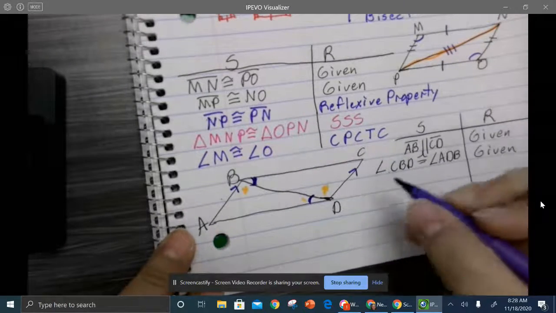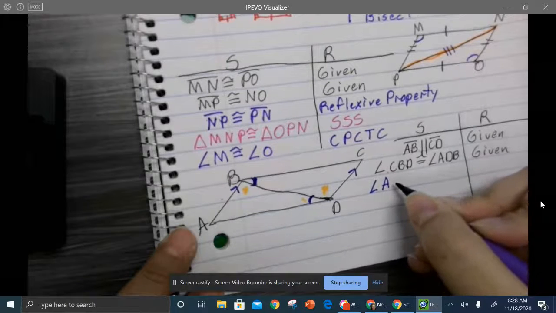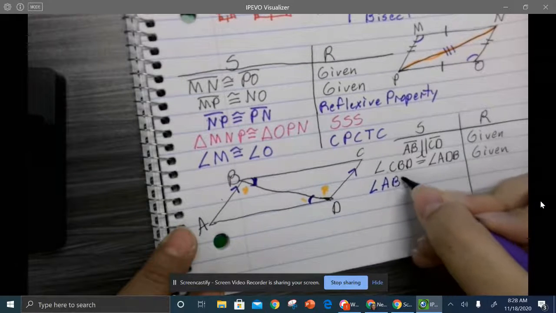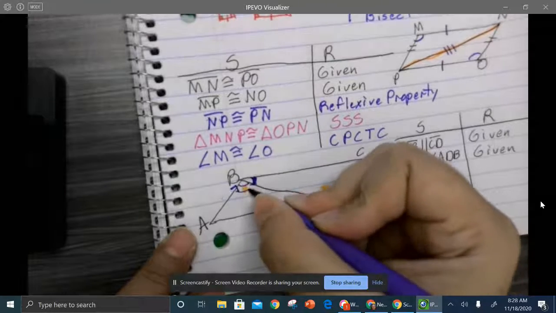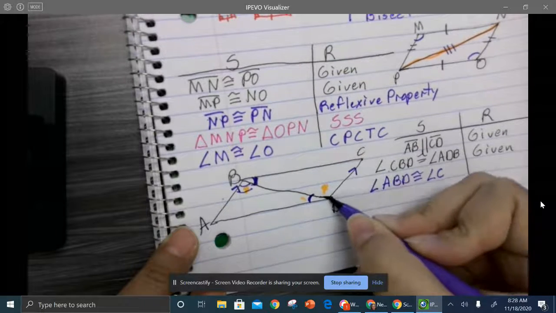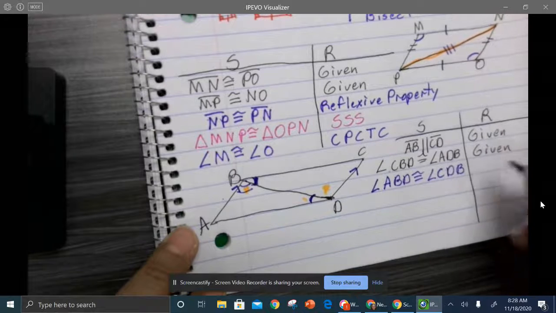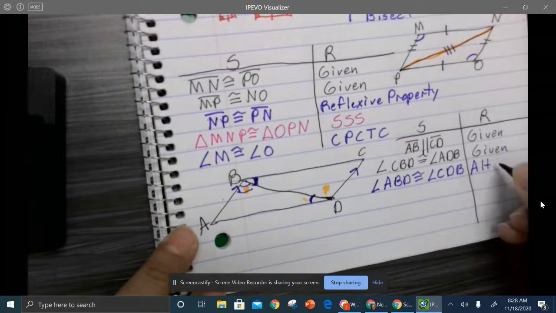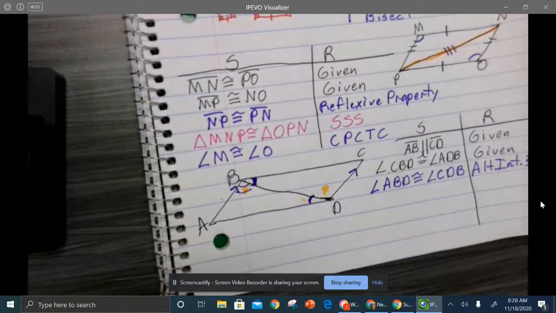So angle ABD, that's this one, is congruent to CDB, and those are alternate interior angles. And then we also have our shared side.